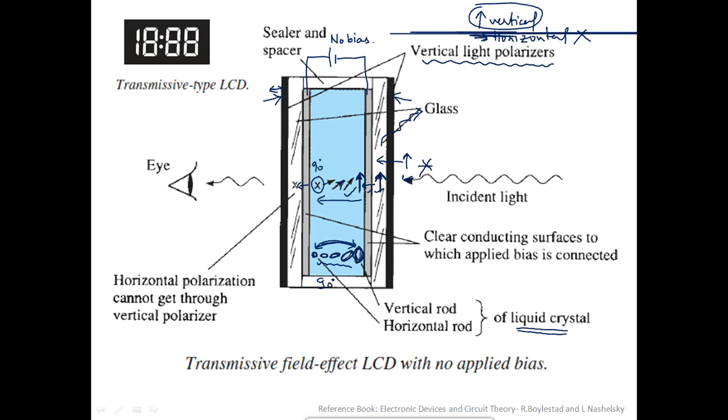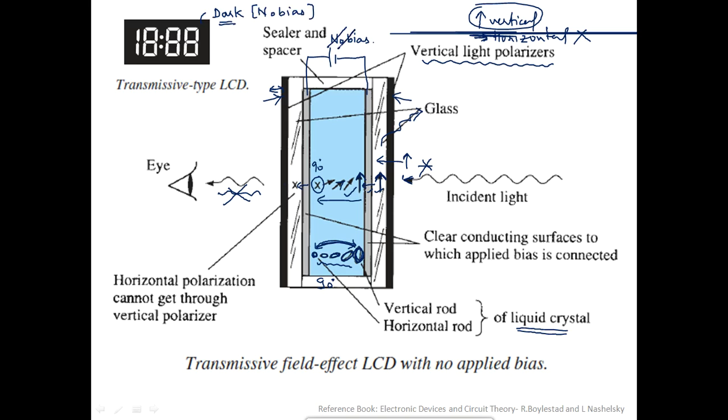So when the horizontal light component falls on the vertical light polarizer, it blocks all the horizontal light components, so nothing appears here. There is absolutely no light coming out of this which falls on the human eye. So the entire unit appears to be dark, which you can correlate here. The complete display appears dark in the no bias case.